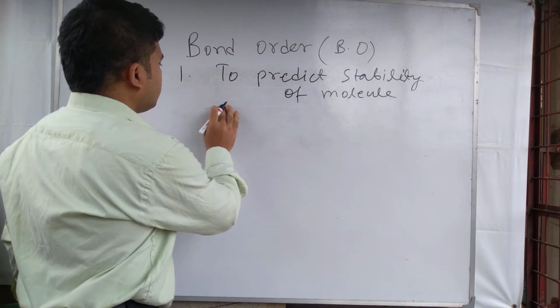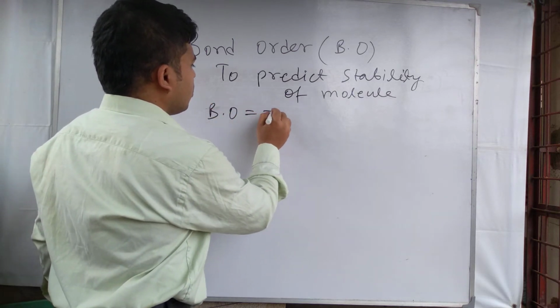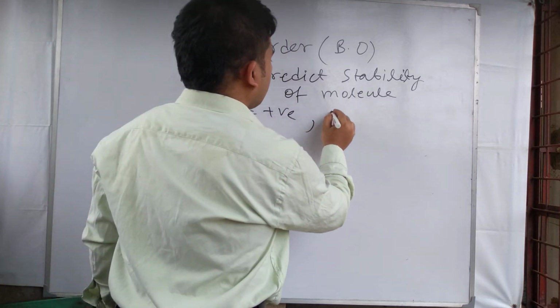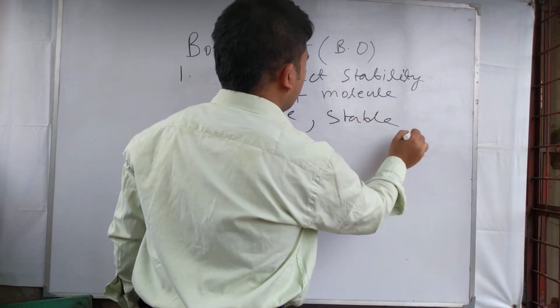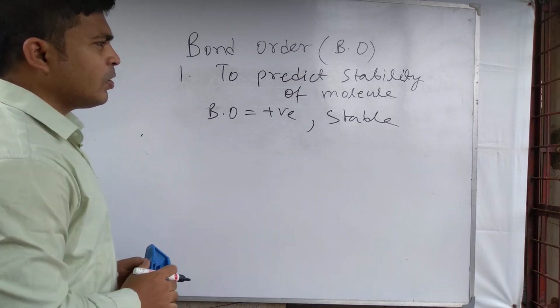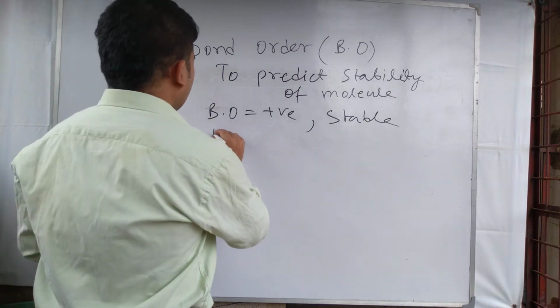If bond order is positive, then the molecule is stable.